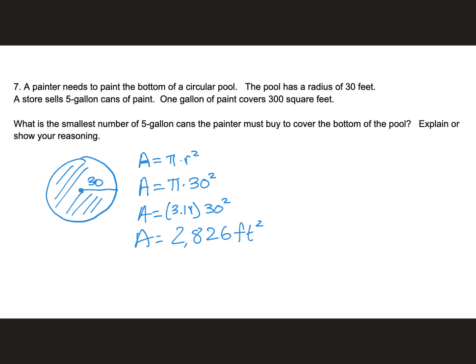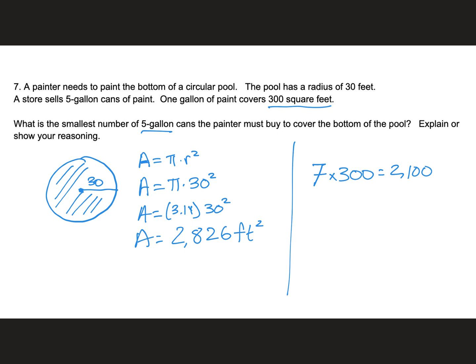Now, I need to paint it. I'm painting it with 5-gallon cans that cover 300 feet. So how many 5-gallon cans do I need? So let's just say, if I bought like 7 5-gallon cans, 7 times 300 is 2,100 square feet. So that's not enough.